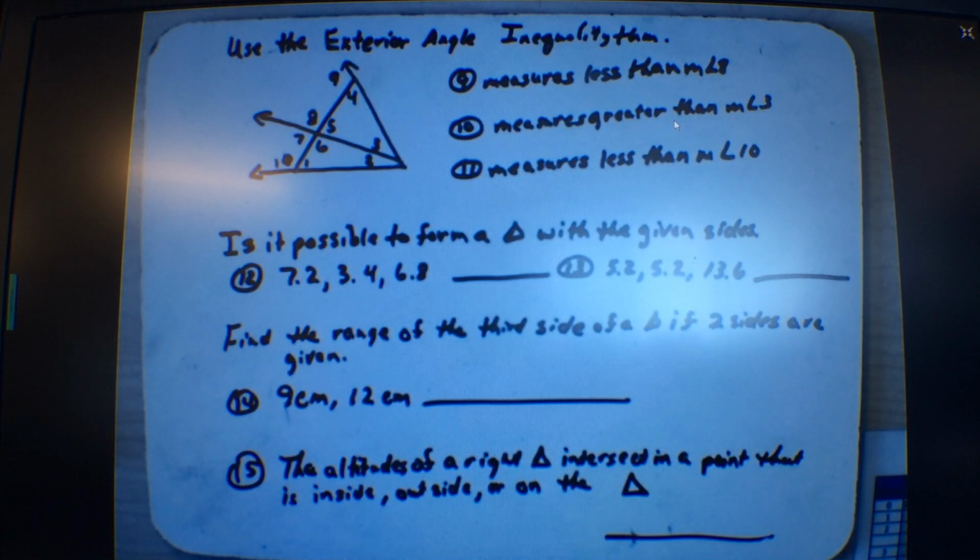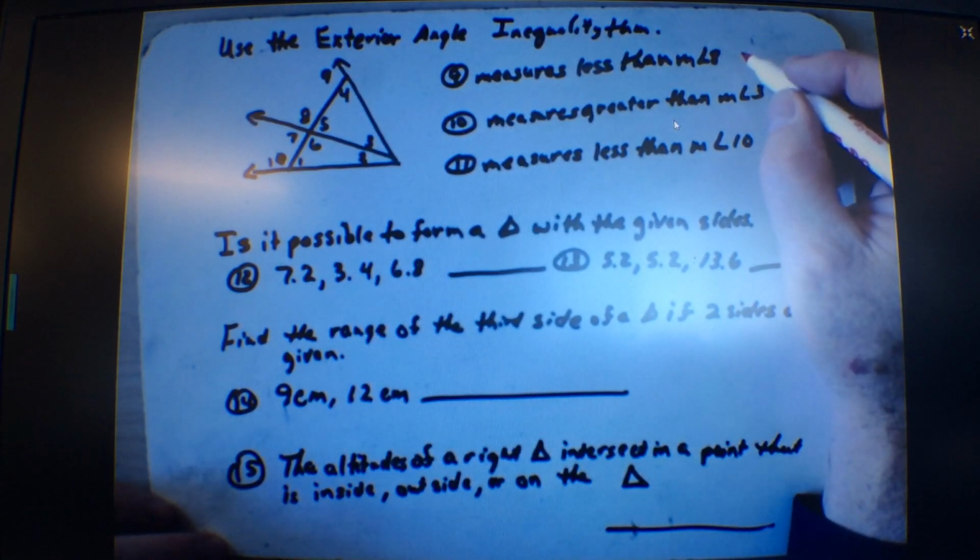So what we're doing is we're trying to find the angle measures that are less than the measure of angle 8. All right, so I want all the angles that are less than 8. Four and 3.